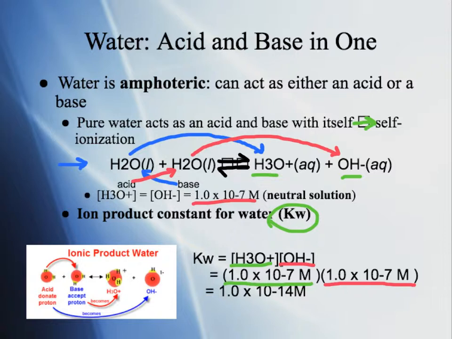So if we multiply those two together, which is what we do for equilibrium constants, we're going to end up with 1.0 times 10 to the negative 14th. This is going to be more significant a little bit later when we talk about the pH scale and how pH plus pOH is always equal to, guess what, 14.